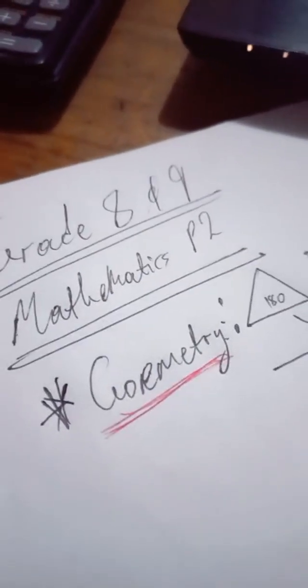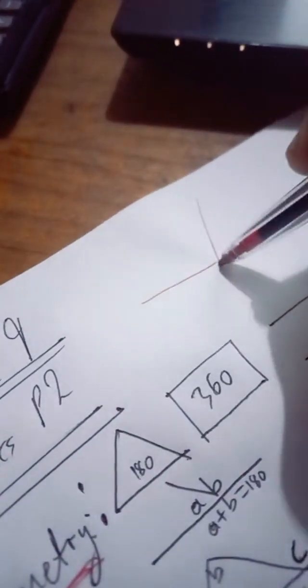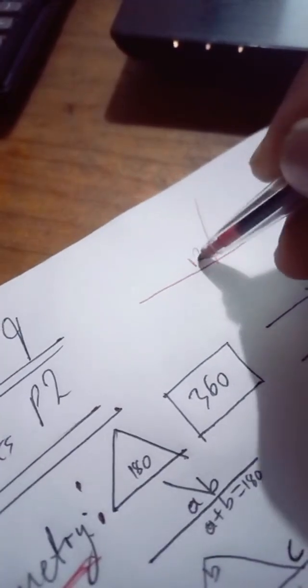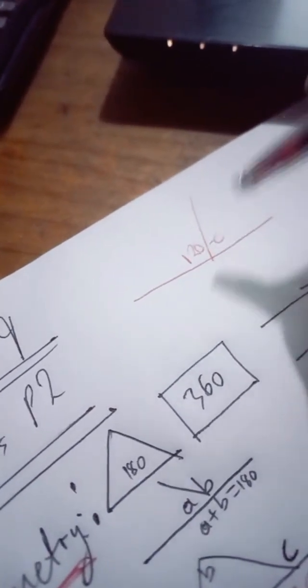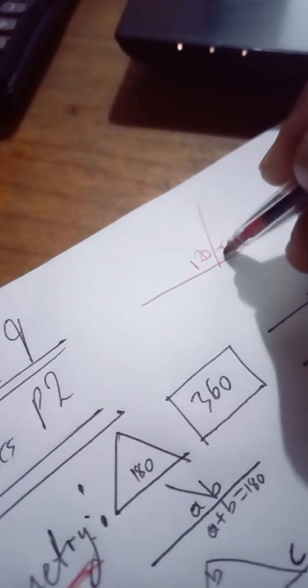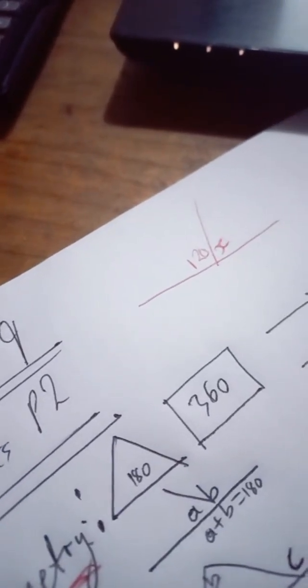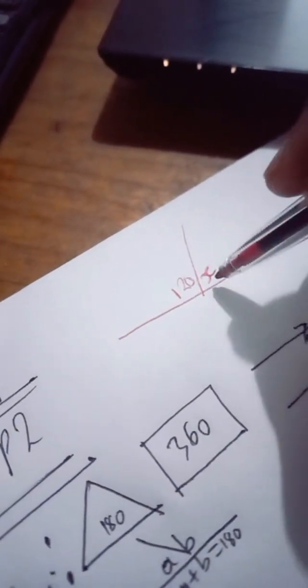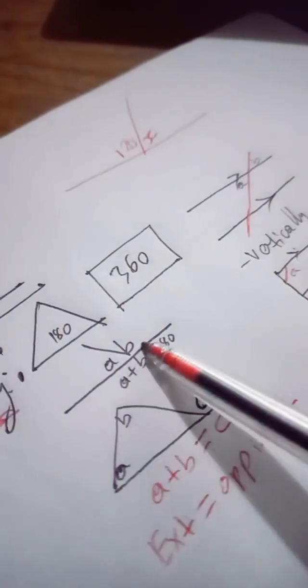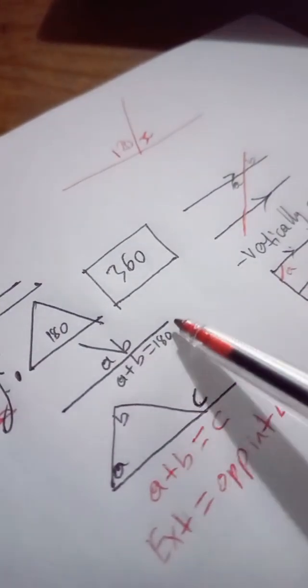This is geometry. You see that topic which was dealing with parallel lines, or you are given a straight line like this, and then they say this is 120, and then they say find angle X. So to find angle X, you use what? Straight line, which is A plus B is equal to 180, right?